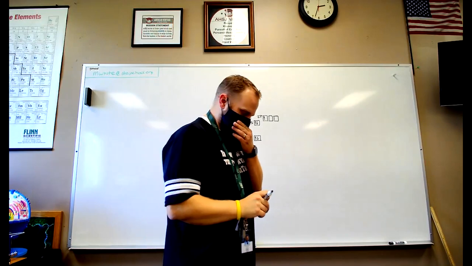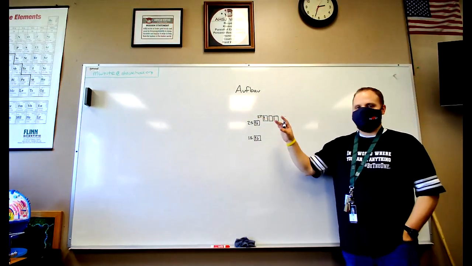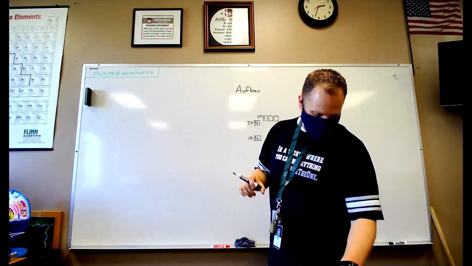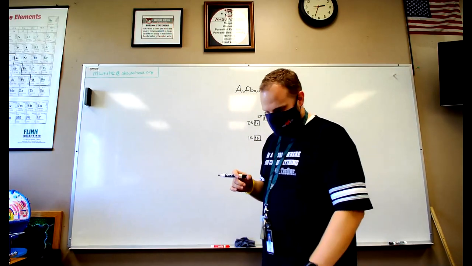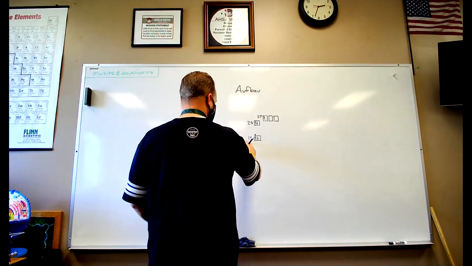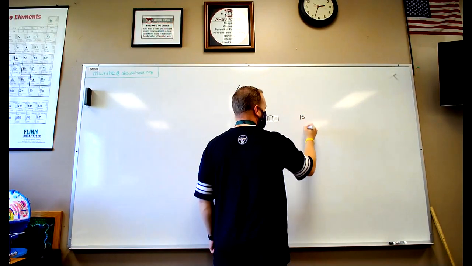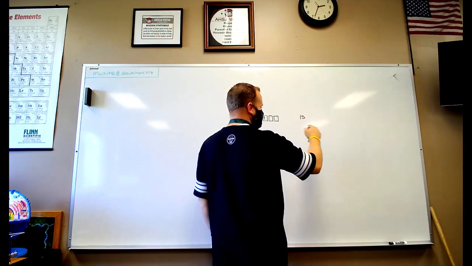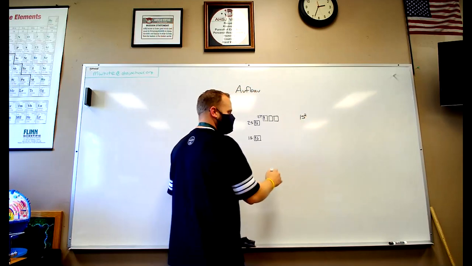Now, how do we write that? Because we don't want to have to draw this every single time. What we actually end up doing is we write the orbital, so 1s, and then like an exponent, we put how many are in that orbital, which is 2.